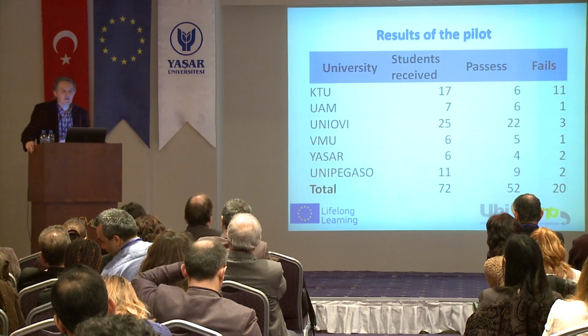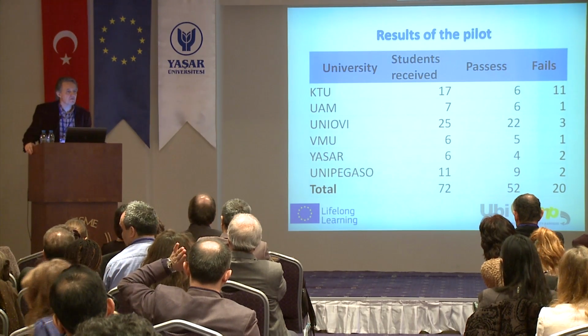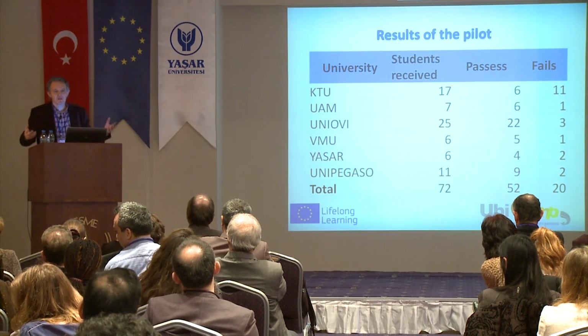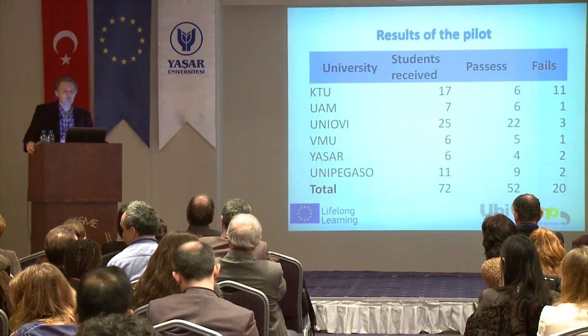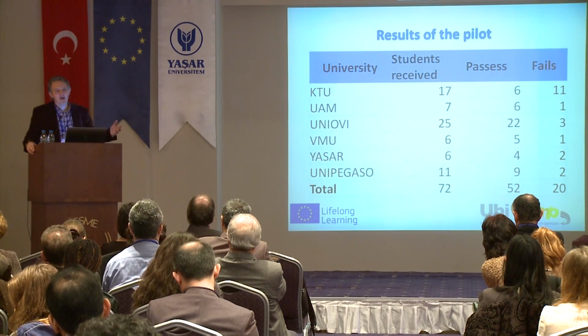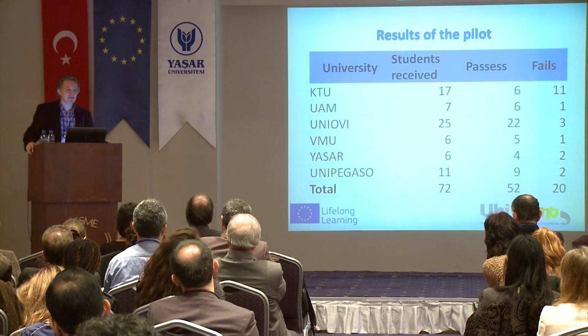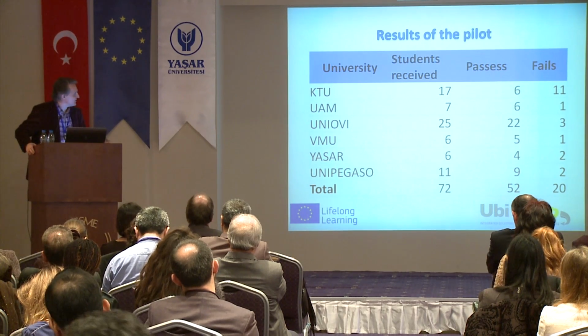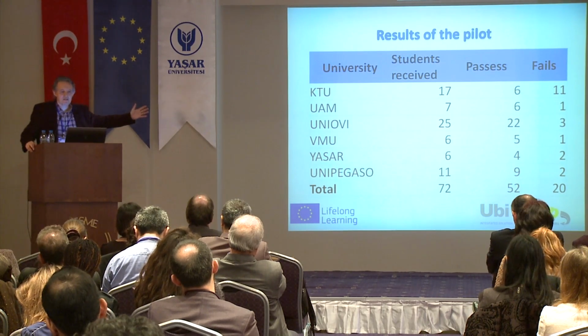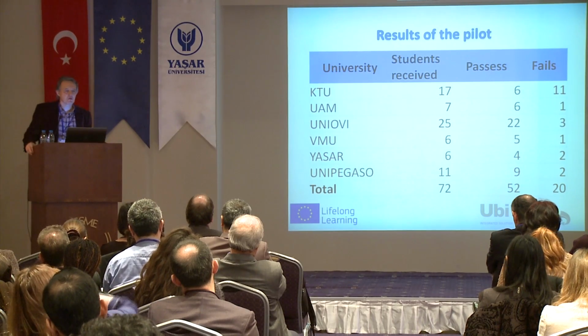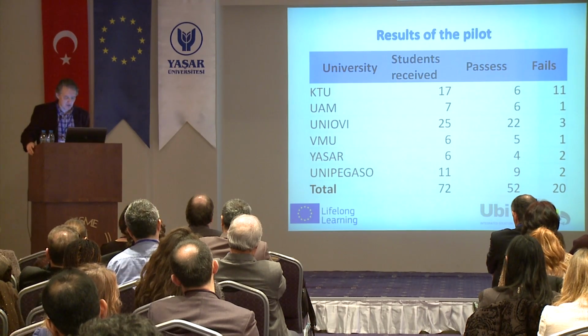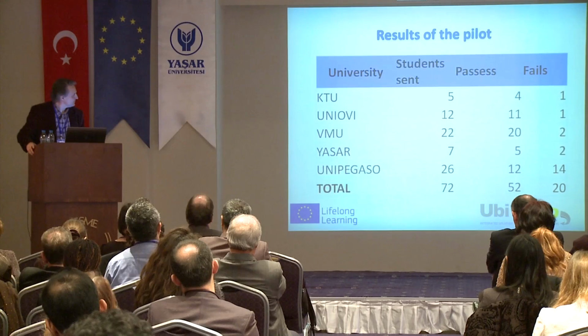And most of the students that failed did not fail because of the difficulty of the course, but because the distance, perhaps, forced them not to attend the course adequately, okay? But more or less, the numbers show that we succeeded in our project.